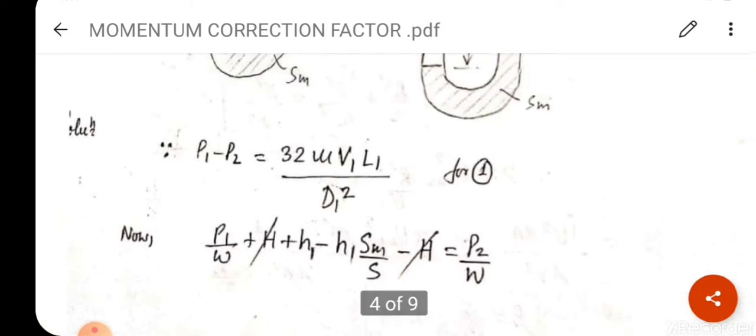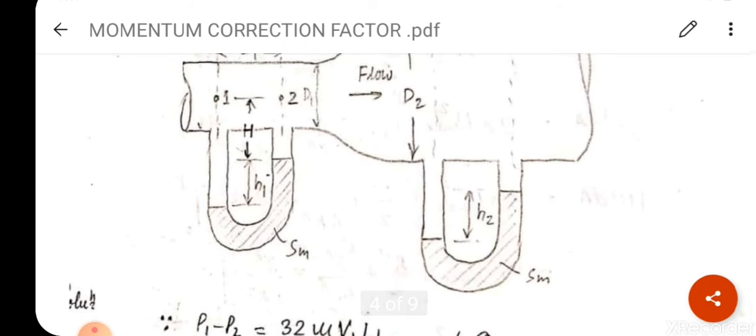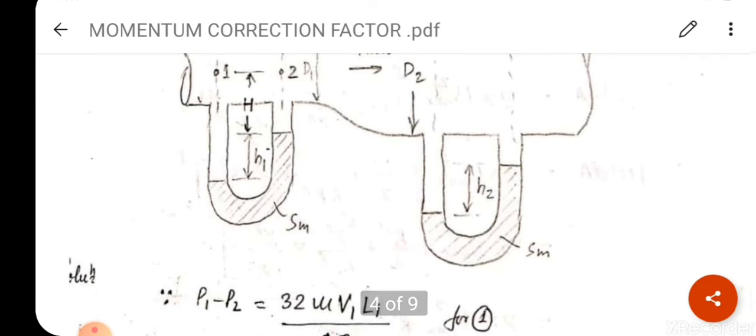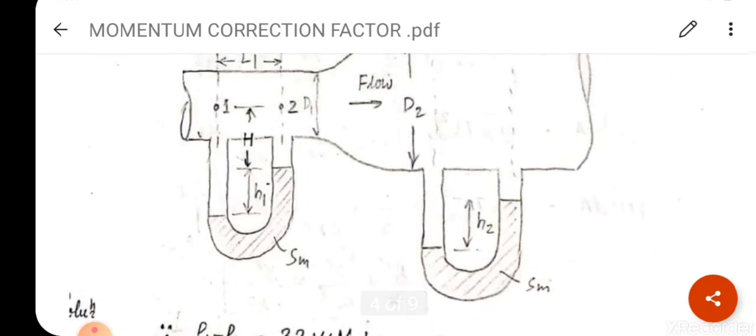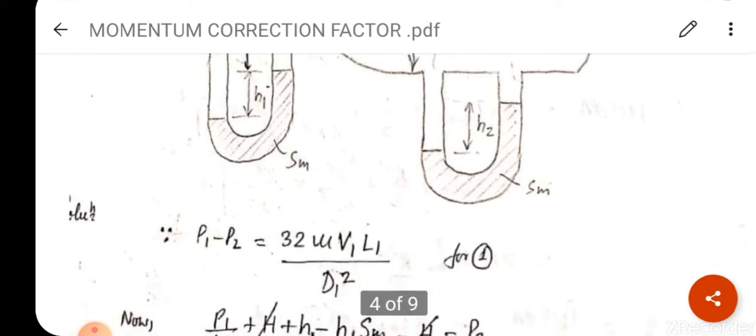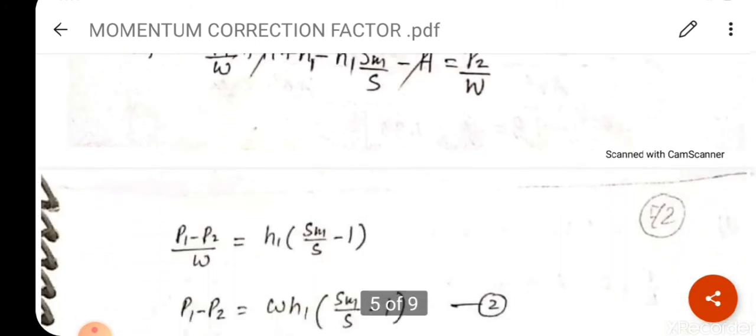Clear? See the diagram I will show to you, because P1 by W plus H plus H1, clear, minus, because we are moving in upward direction using the jumping of fluid technique. So what will be the value of H1? H1 into SM upon S, converting one liquid column into another liquid column, minus H is equal to P2 by W.